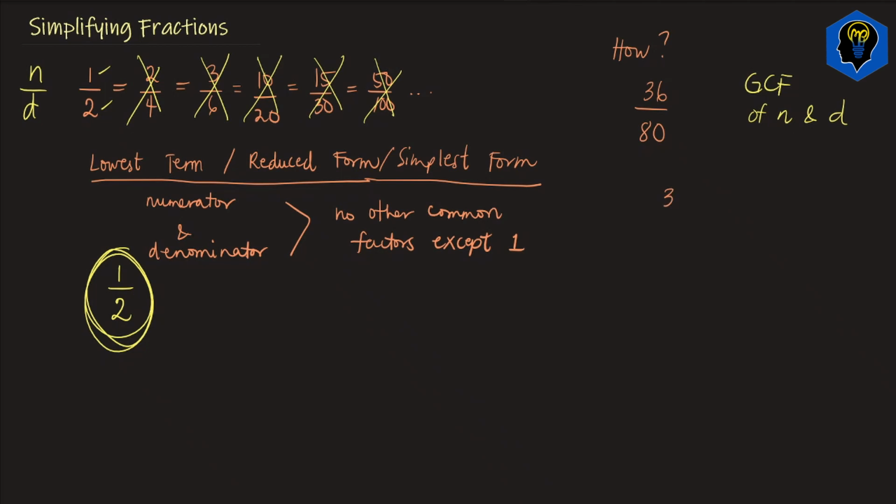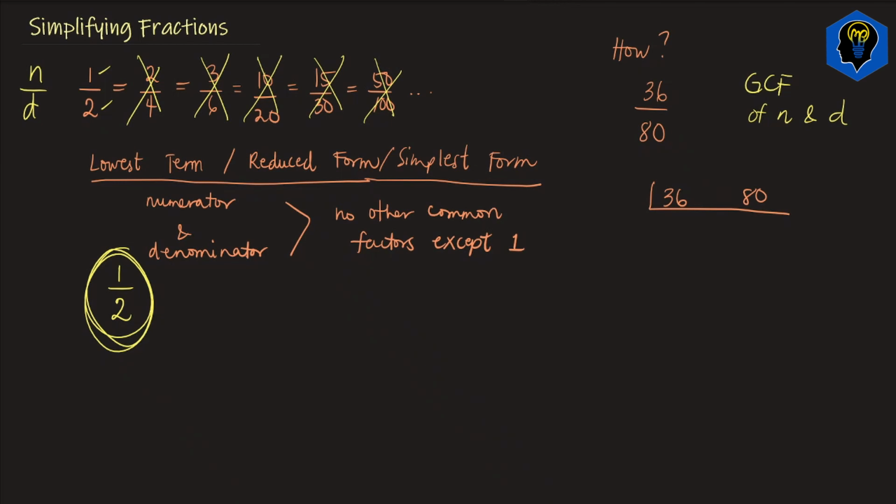So, how do we do that? Remember our long division process, or continuous division. So, gagawin mo, 36 and 80. You think of what is the number that 36 and 80 can be divided by. Okay? So dito, papasok naman yung knowledge nyo on divisibility rules.